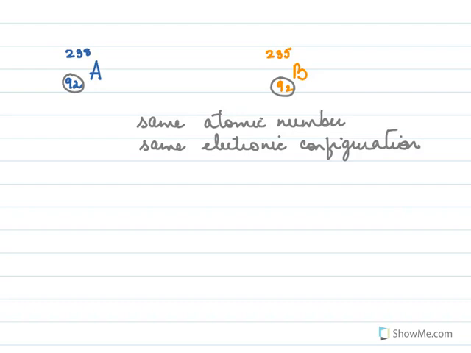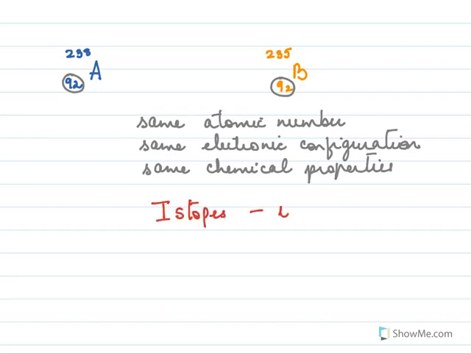If they have the same electronic configuration, they'll have the same chemical properties. Such atoms are called isotopes. In fact, these are isotopes of uranium.